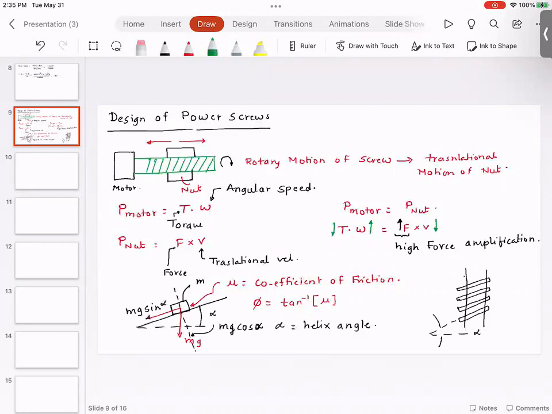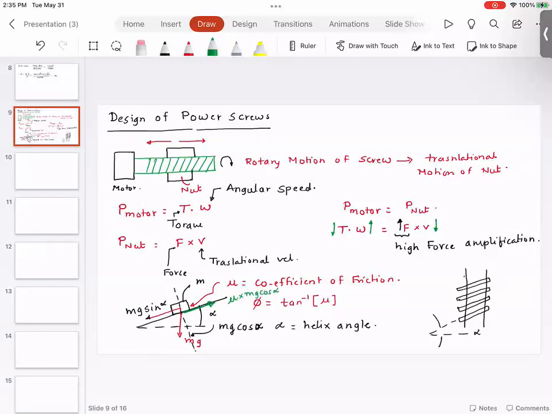And then there is going to be the coefficient of friction mu that will resist the motion. It's going to be mu times the normal reaction, which is mg cosine alpha.